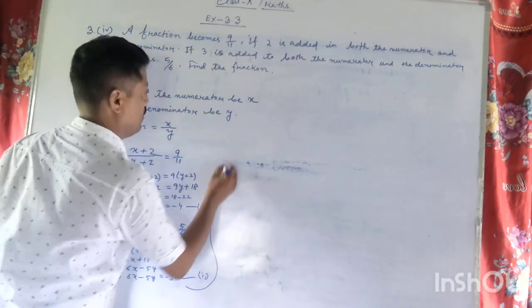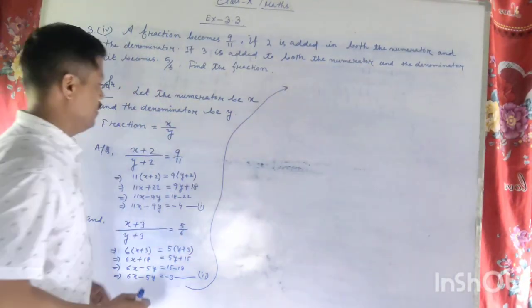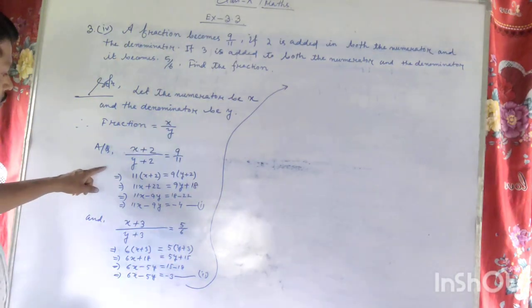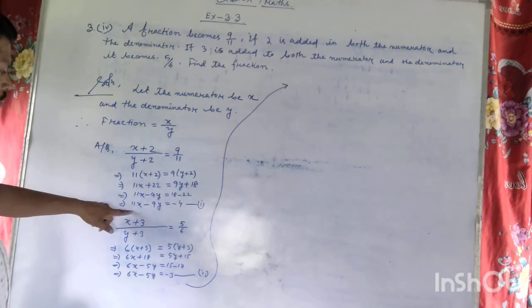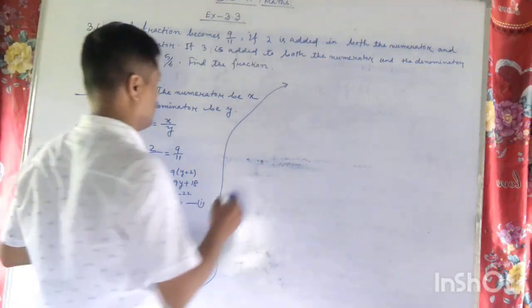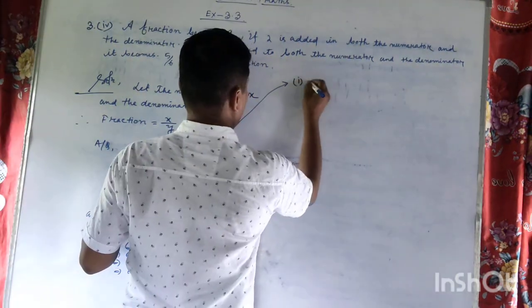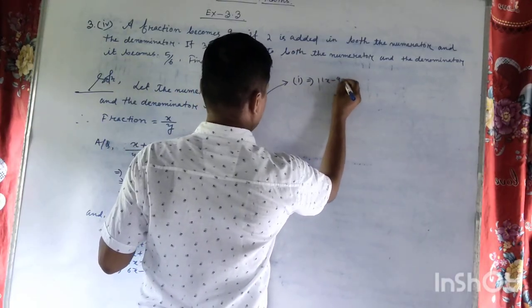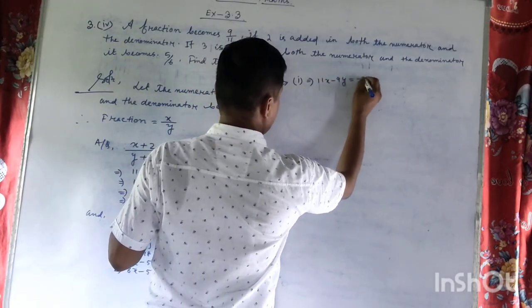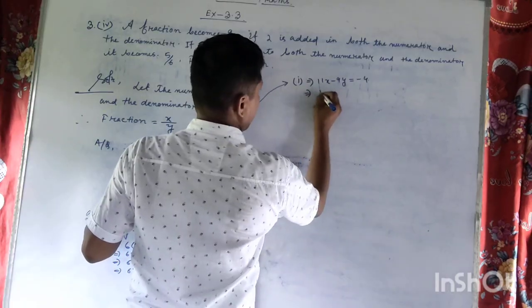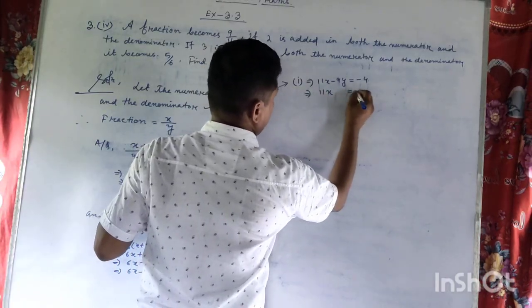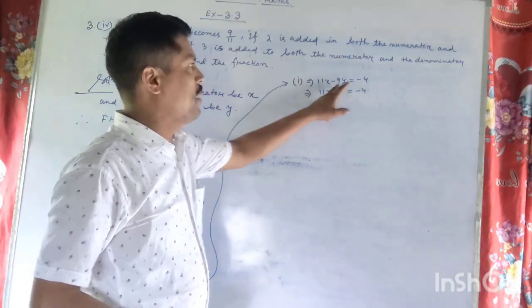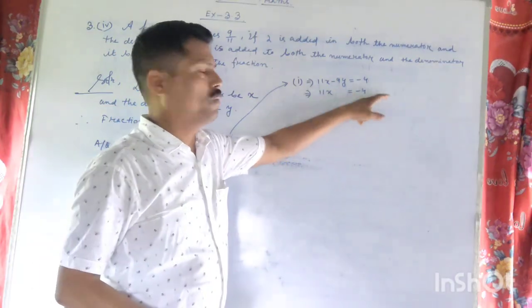So we have to come back here. From equation 1, we write 11x minus 9y is equal to minus 4. Then 11x is equal to minus 4, and minus 9y we transfer to the right hand side.